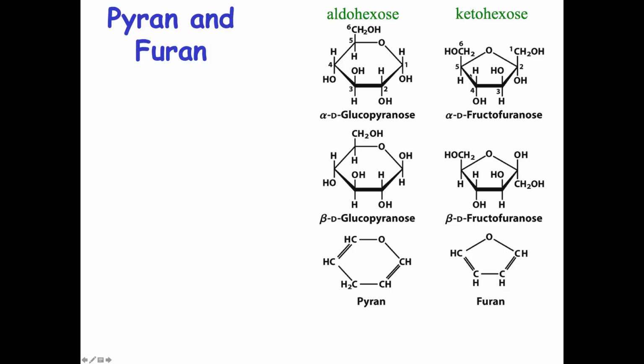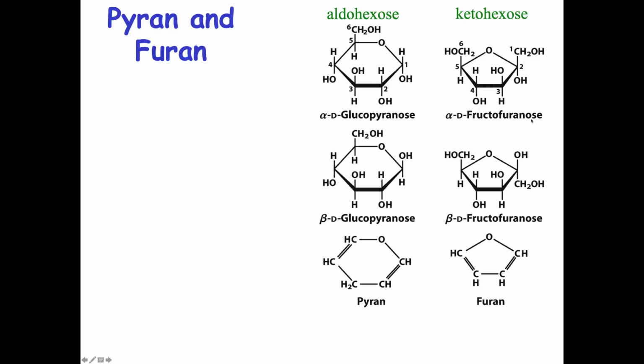Here we can see that hexoses can also form a 5-membered ring, so this is a furanose. Again, the anomeric carbon is here. The hydroxyl group of the anomeric carbon is shown here, and it's on the same side as the hydroxyl group of the highest asymmetric carbon on the ring.